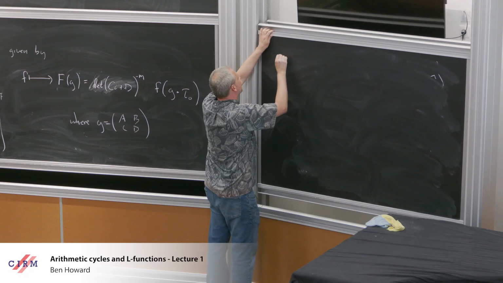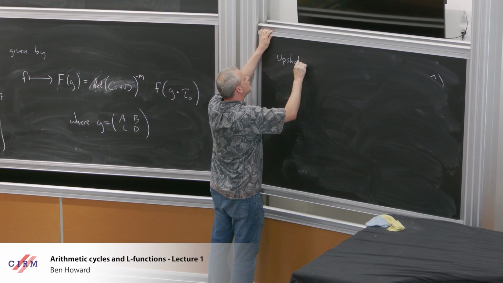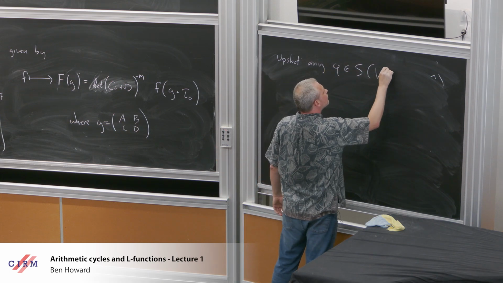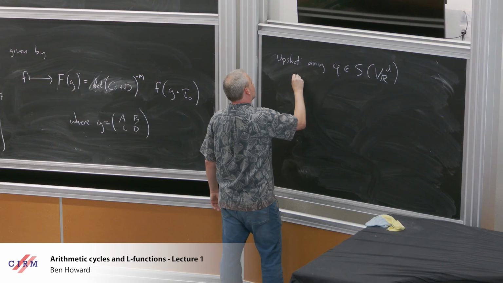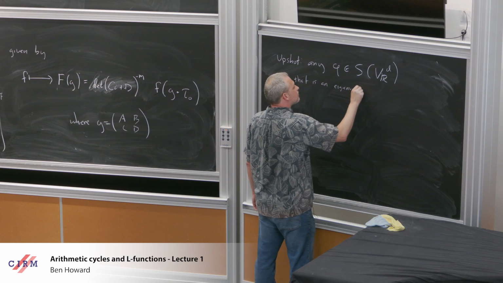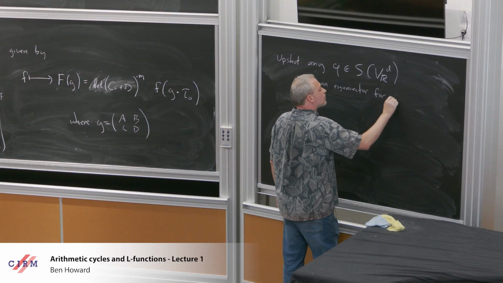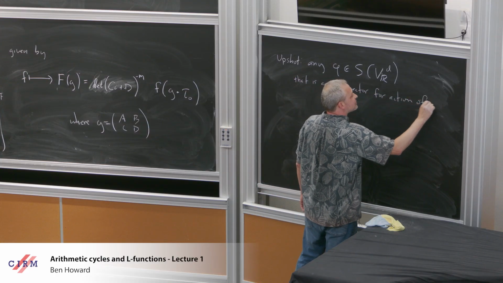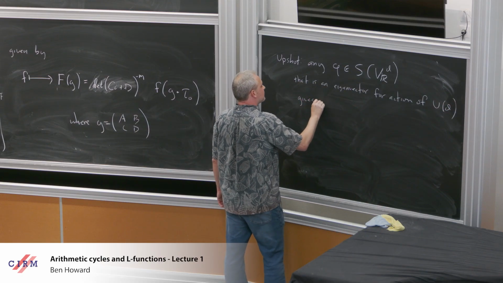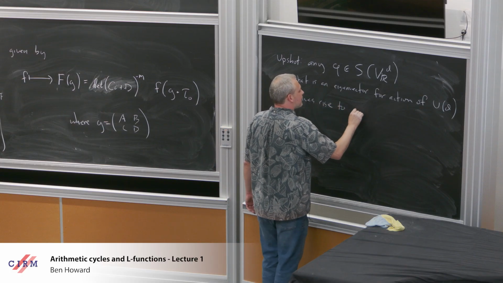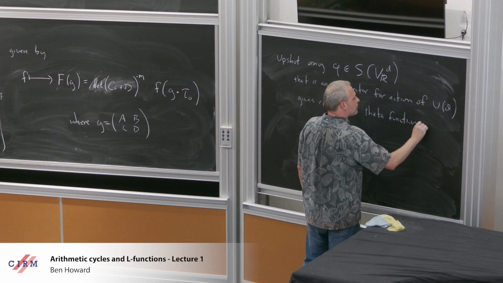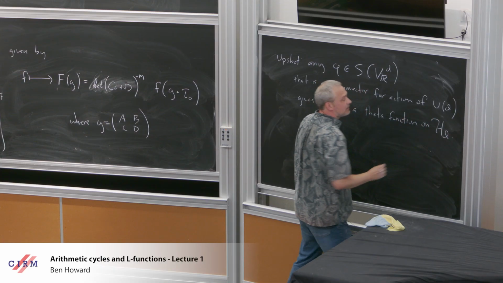So the upshot is that any phi that is an eigenvector for the action of u of d gives rise to a theta function on the Siegel half space.